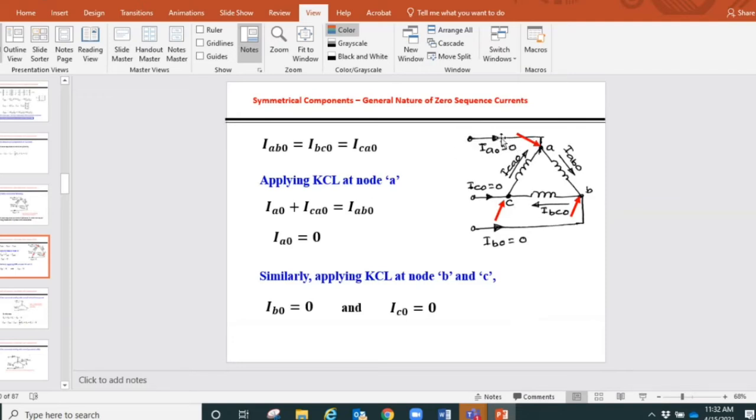So no zero sequence current will flow in the lines if there is a delta configuration where the branch currents or phase currents for these three windings of the delta are the same.